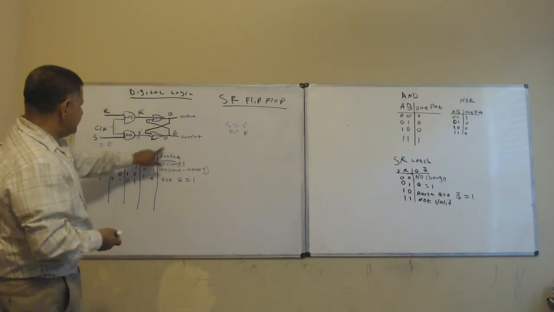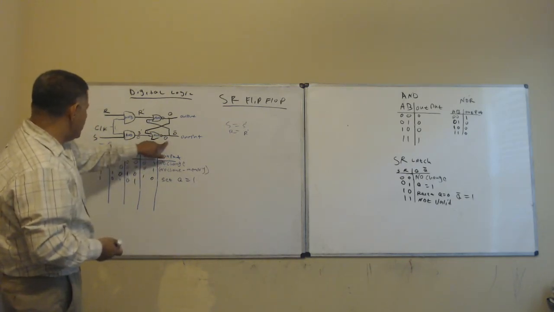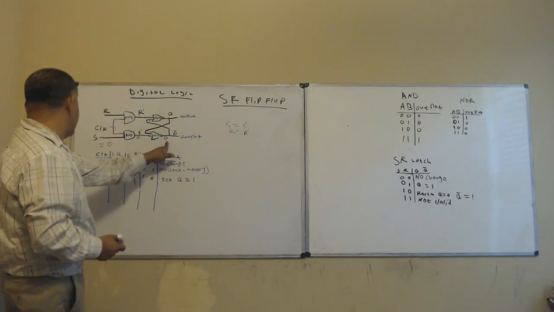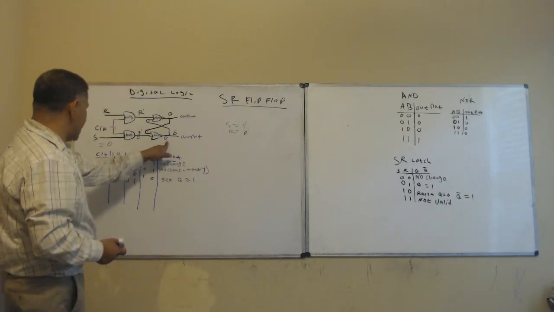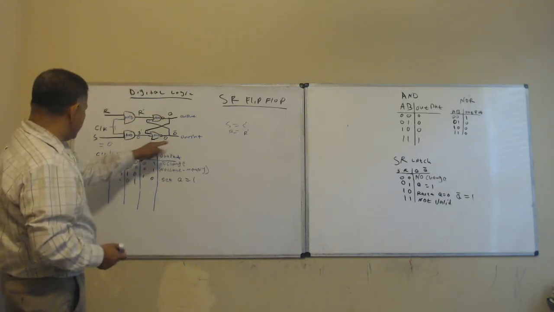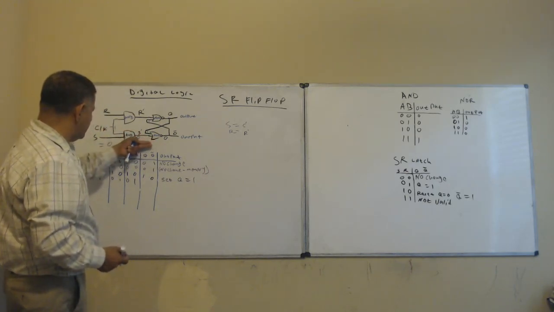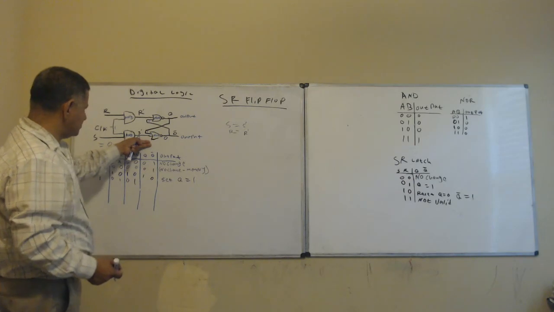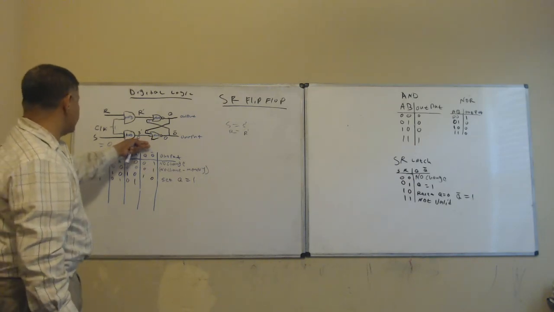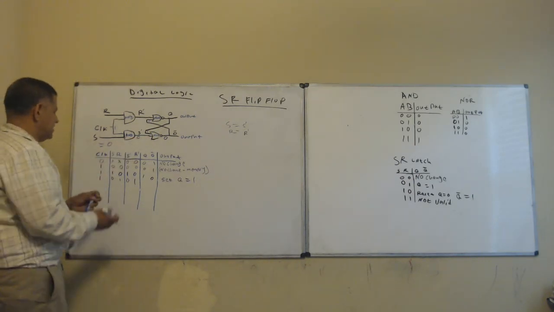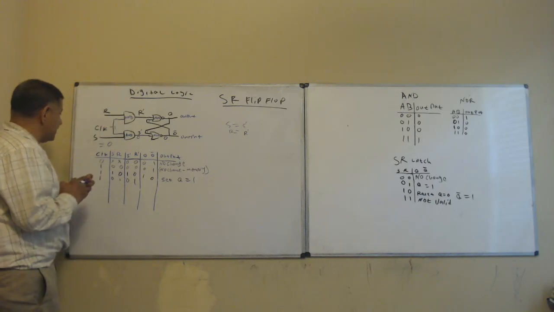This 0 coming in from here, because it's a NOR gate. Okay, let's start this over.